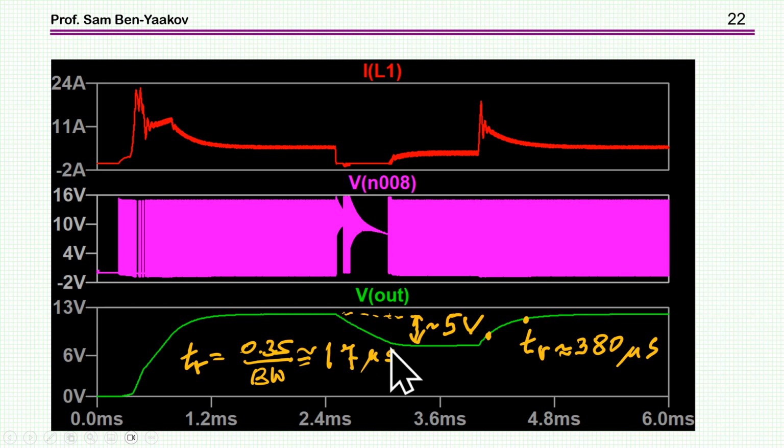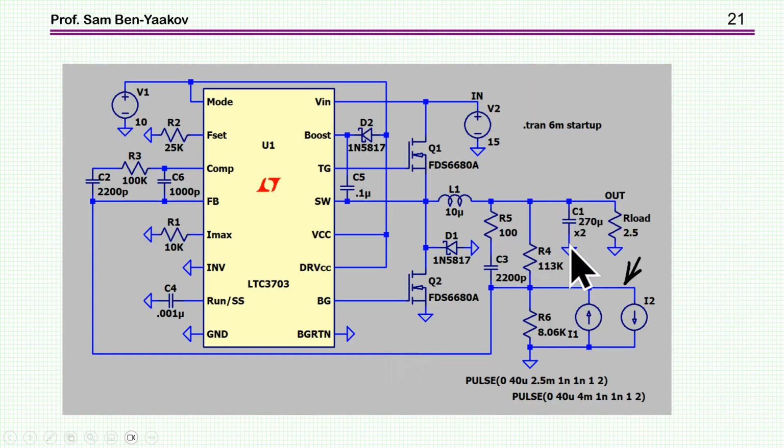And this is because the current goes to 0, meaning that actually the half bridge is turned off, the two transistors are turned off, and in fact this drop is due to the discharge of the capacitor via the load. Here it is. This is the capacitor, which is fairly large, by the way, and this is the load.